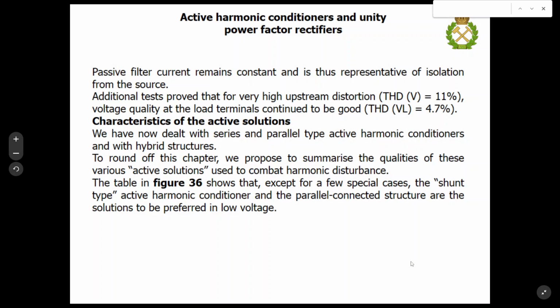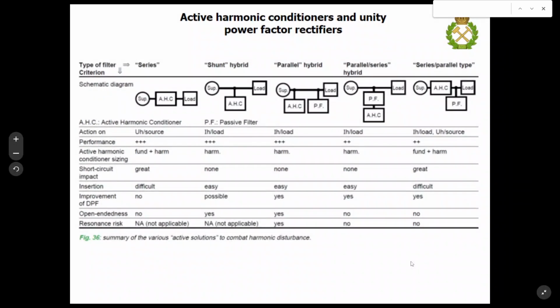And also here you may see some summary of advantages and disadvantages of different topologies of active and hybrid systems. For example, here you may see the series type filter, shunt type filter, shunt hybrid filter, and other hybrid structures of active filters.